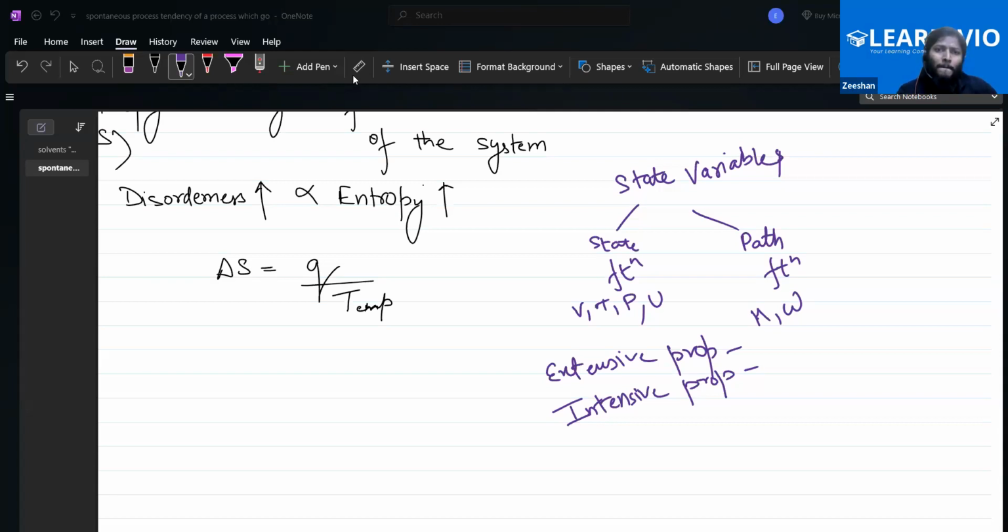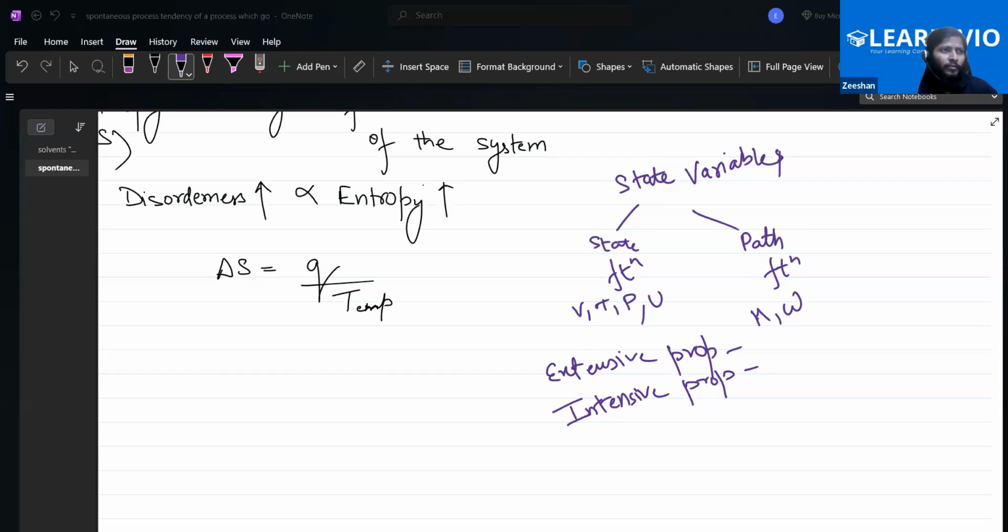It doesn't depend upon mass. Okay, can you give some example? Any example? Intensive or extensive? Is volume intensive or extensive? Sir, intensive.